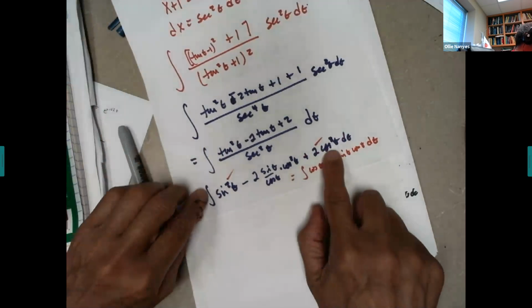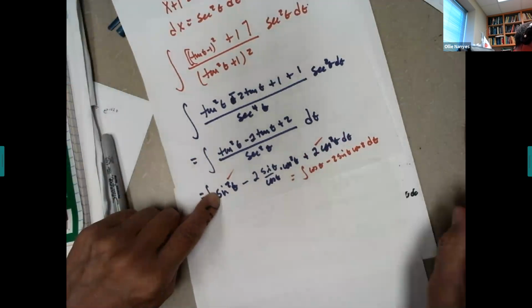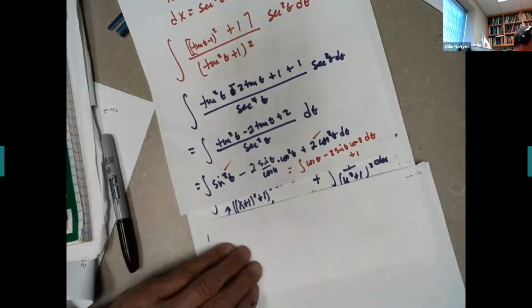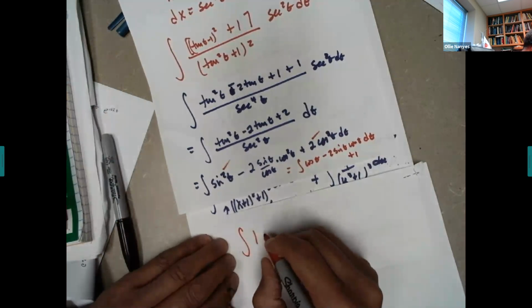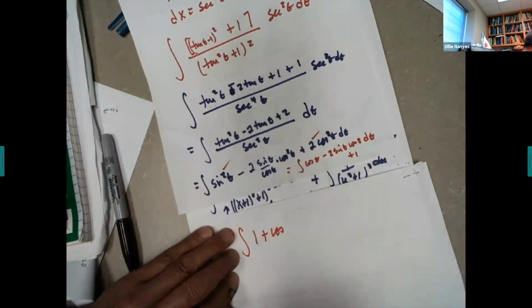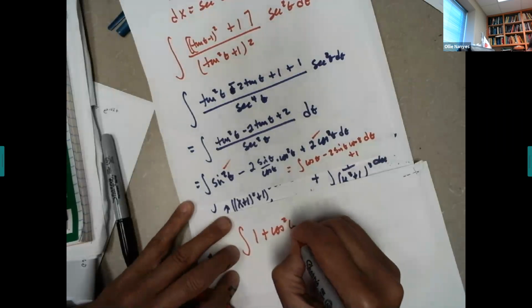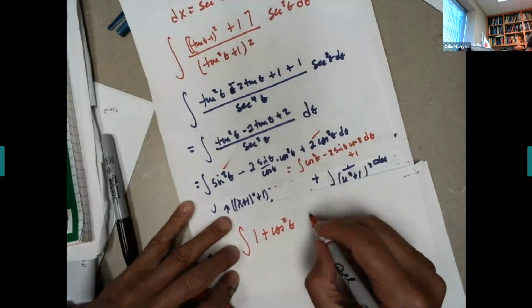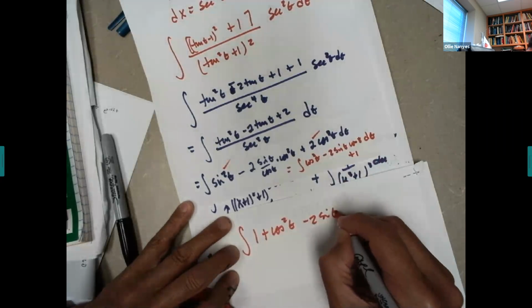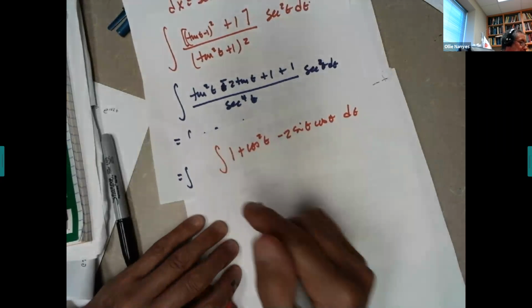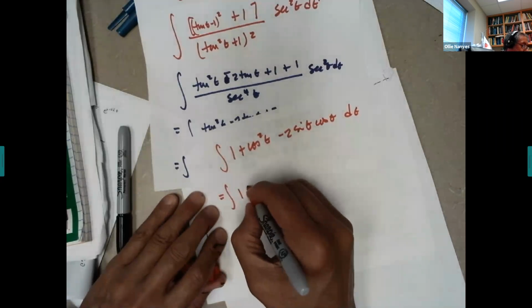Since sine squared plus cosine squared is 1, I still have this extra 1 here. So I now have a 1 plus another cosine squared theta. And then I have this. So now I'll just go ahead and do it this way.